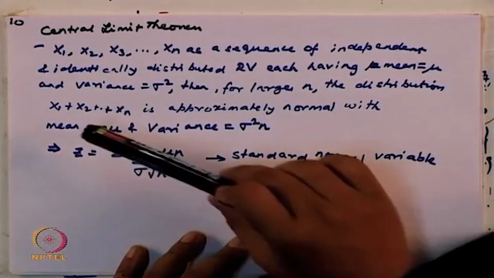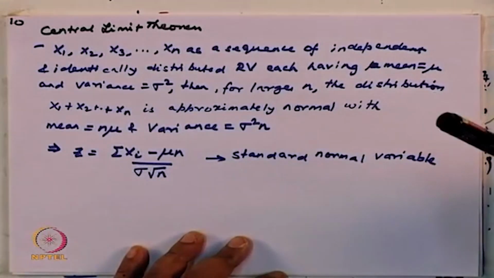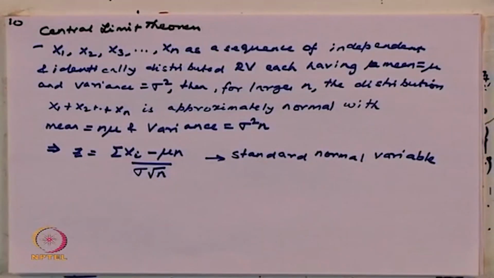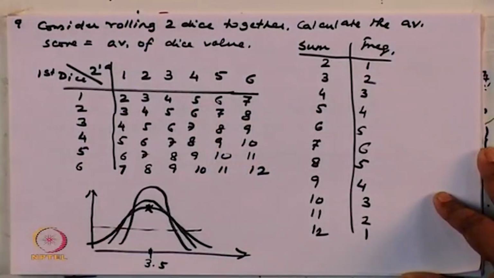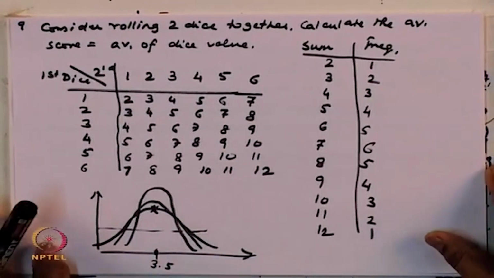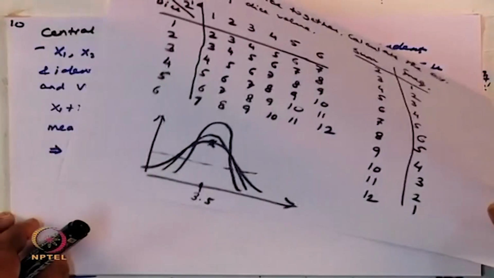If xi's are from a symmetric distribution, as we did for the rolling of a die case, then even for small values of n you will get a normal random variable, and that is what we obtained, right. In this case, even for n equal to 2, we obtained a roughly normal distribution. So, an increase in n will give you more, but even for a symmetric distribution you will get a normal distribution.